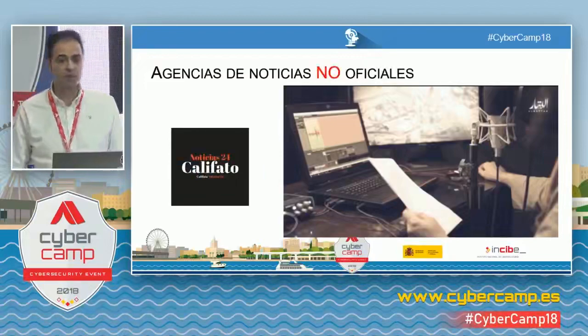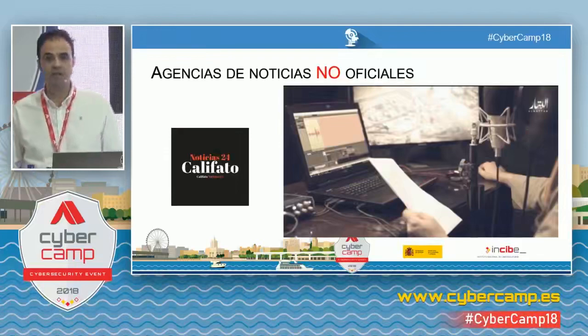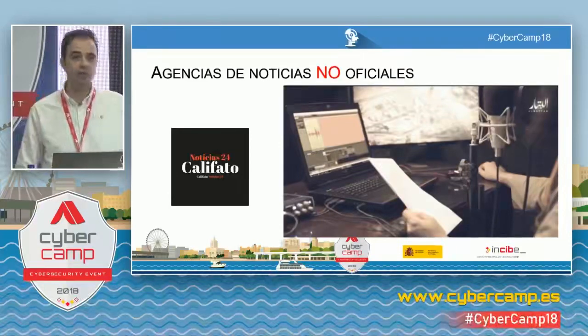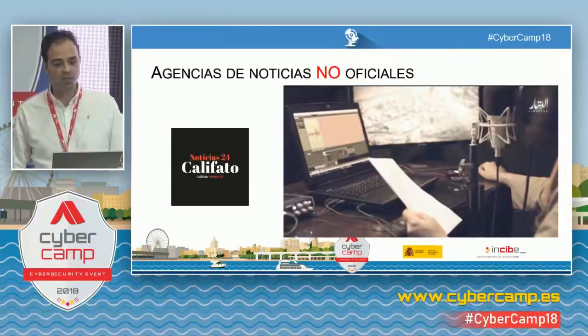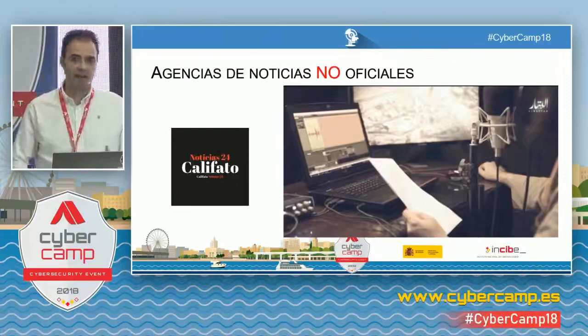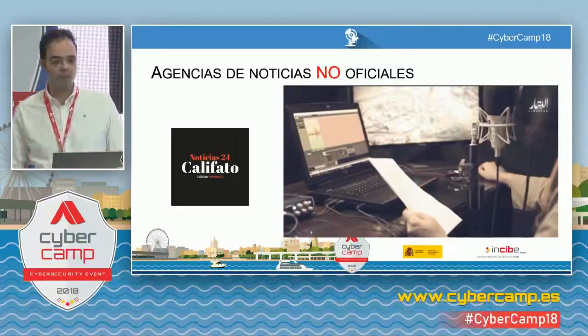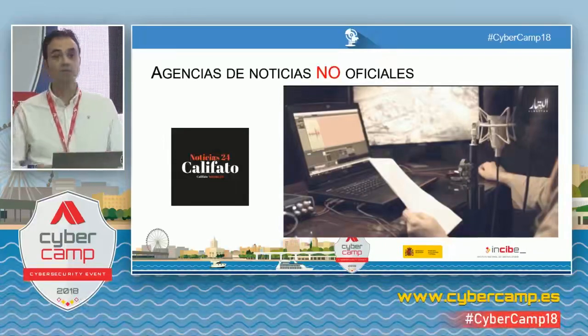What else do we have? Well, the non-official or unofficial news agencies. They pick up on news published by official agencies, and apart from disseminating that content, they do more than that.